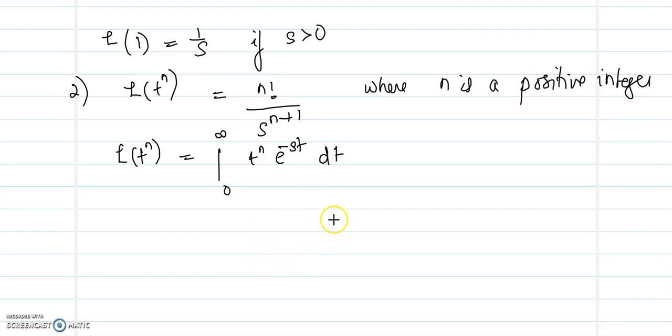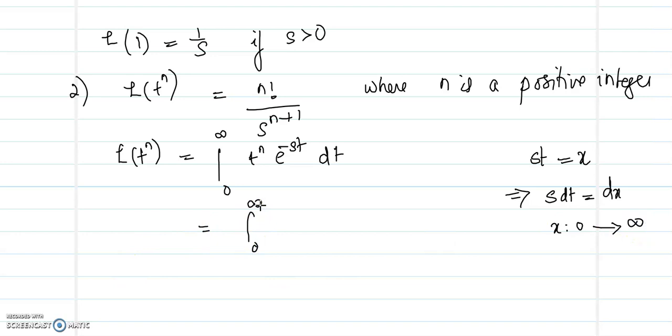Now if you substitute st equal to x, that will give us s dt equal to dx, and x will be varying from 0 to infinity, so that is integral 0 to infinity. Now t will be x by s, whole power n, e power minus x.